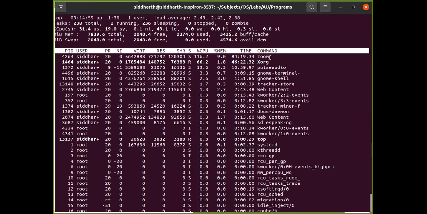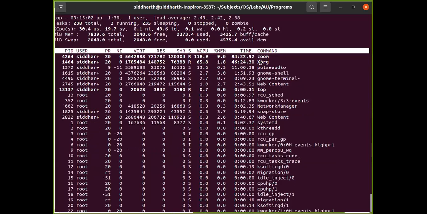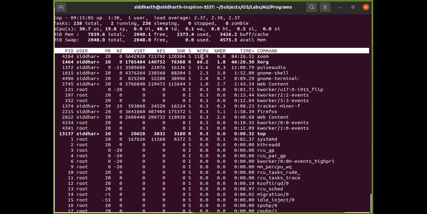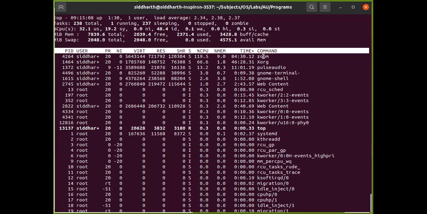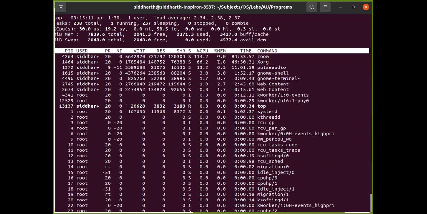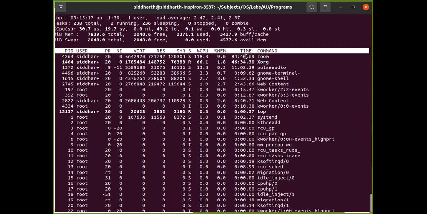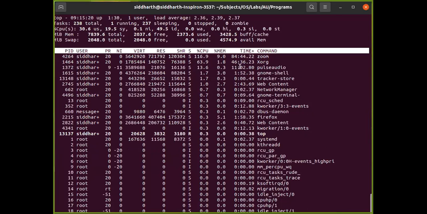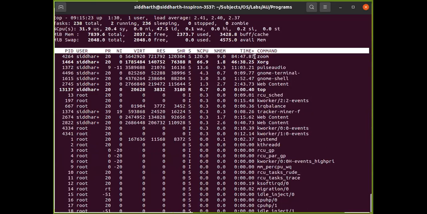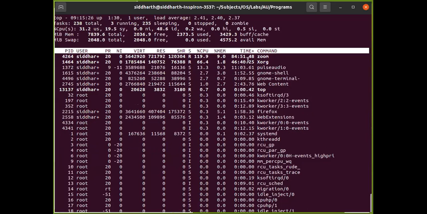You can see maximum CPU is utilized by Zoom. Currently in my system, maximum CPU is utilized by Zoom because I'm working on that. And most of the memory is utilized by Zoom. And this is the command and total time which is taken. This is the minutes, seconds, and milliseconds. This is the time taken by that particular process.